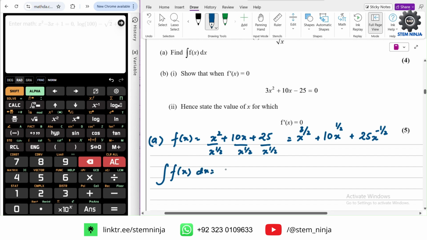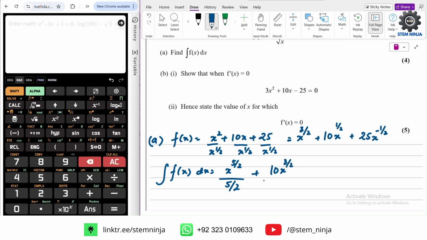So this would be 3 over 2 plus 1 is 5 over 2, so x to the 5 over 2 over 5 over 2, plus 10 x to the 3 over 2 over 3 over 2, plus 25 x to the 1 over 2 over 1 over 2.